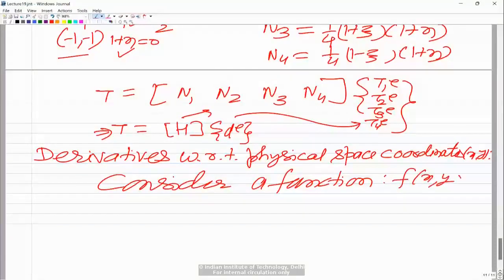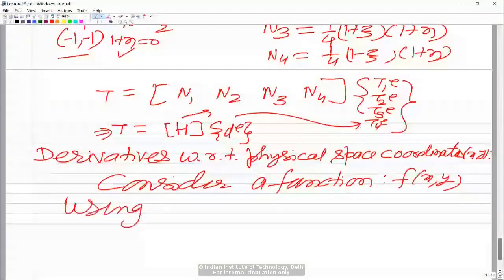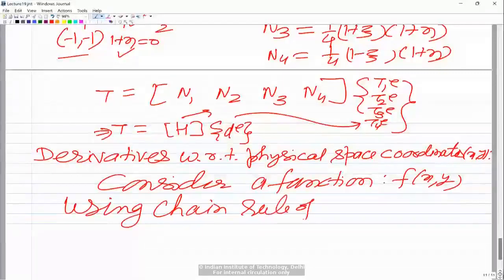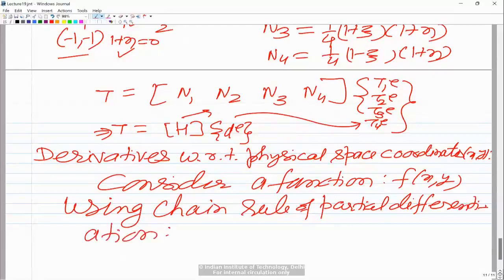And we know that in the natural isoparametric formulation, x and y are expressed in terms of xi and eta. So if I want to get the derivatives of f with respect to xi and eta, I can use the chain rule of partial differentiation.